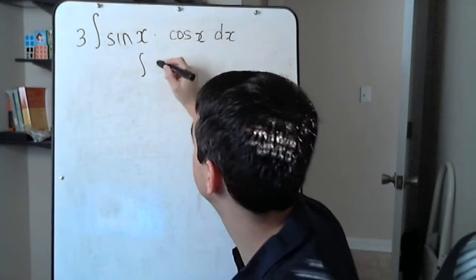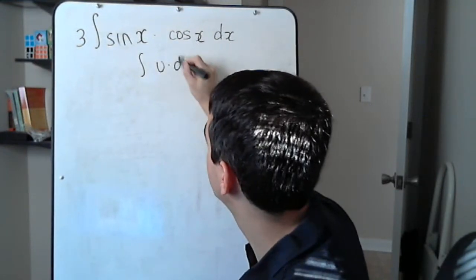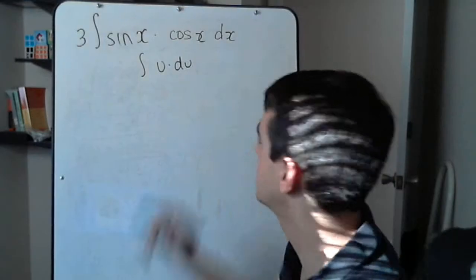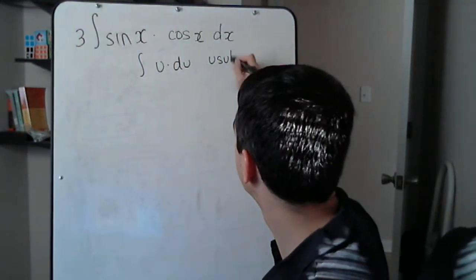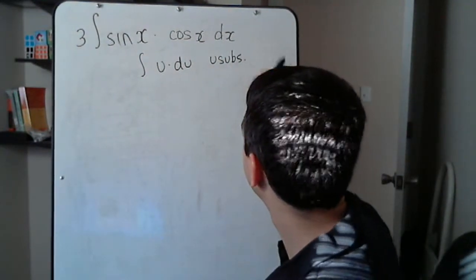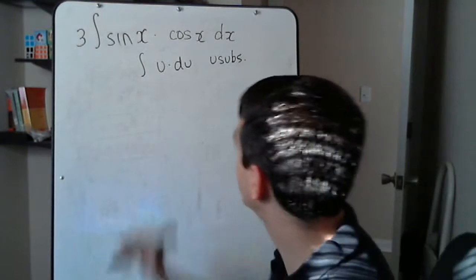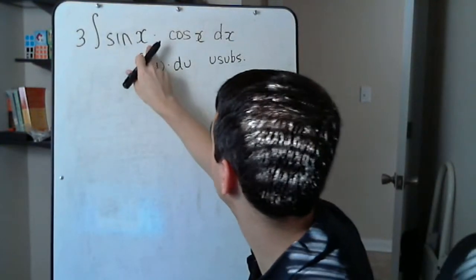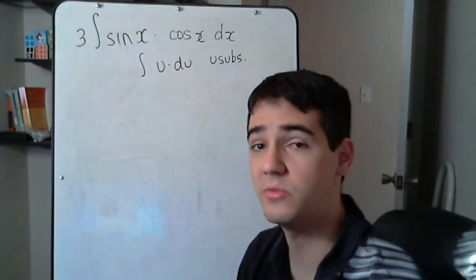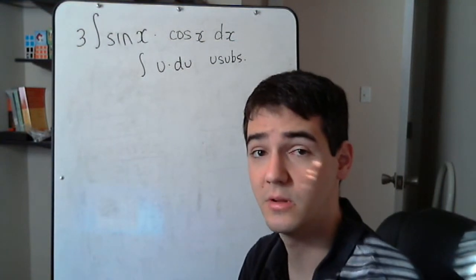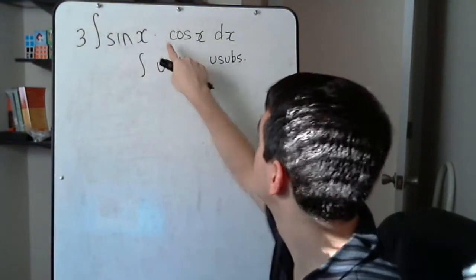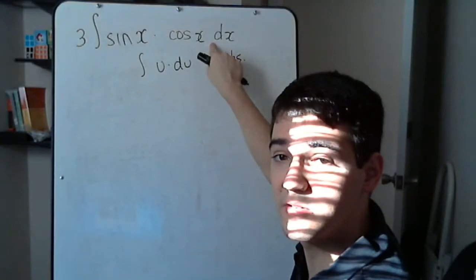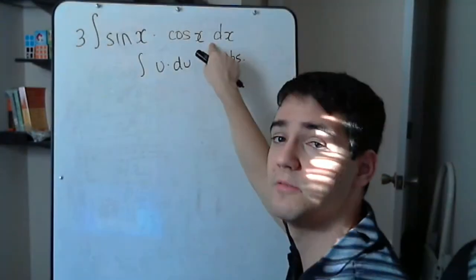This is u substitution. It's u times du. So we want to make one of these u and one of these du, such that when you take the derivative of u, you get some scalar of this, or a multiple of this.